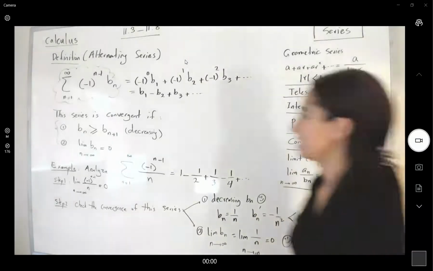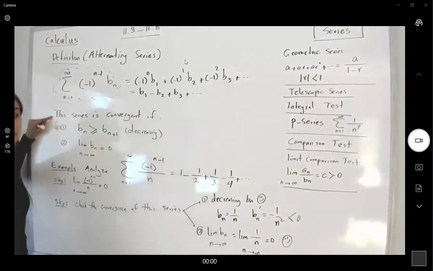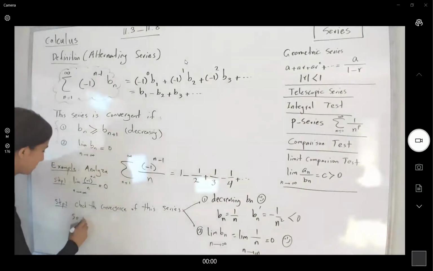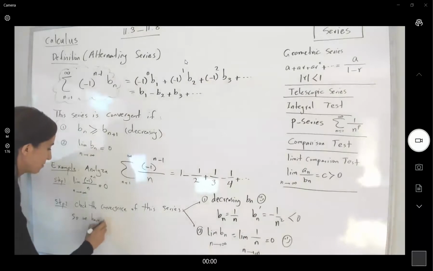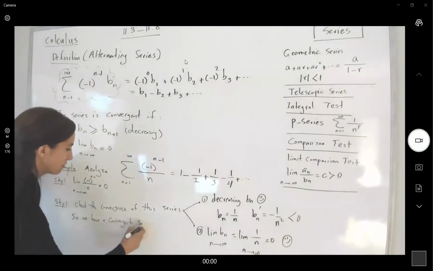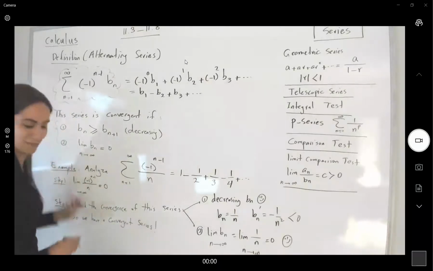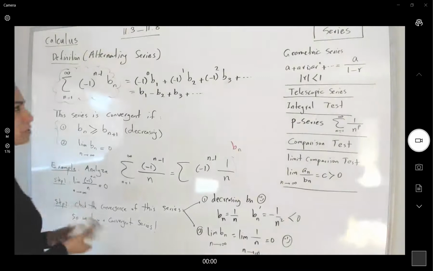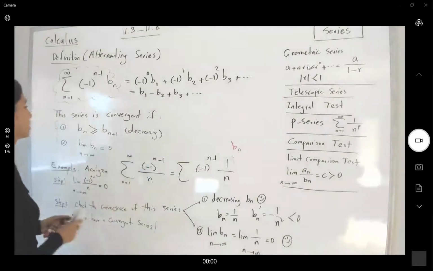So the alternating series is convergent. There you go. Give us another example. We want to feel more comfortable about these types of series.